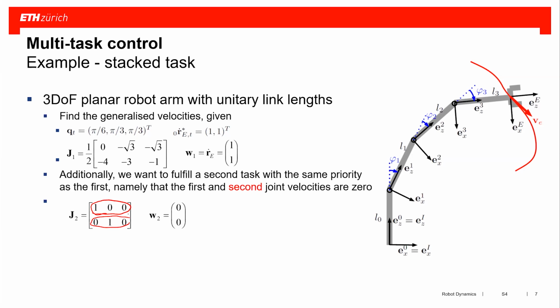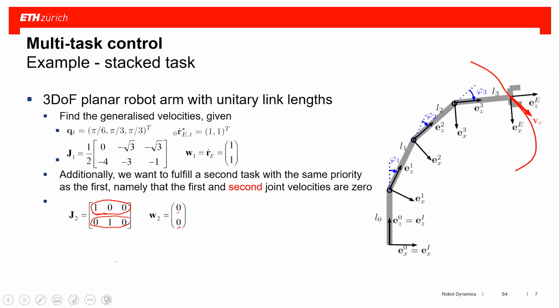And the goal is that both Q1 dot and Q2 dot are 0. So that's how we converted this text into a task level description with Jacobians and W's that we want to achieve. And now in this question, we don't give priority. The second task has the same priority, so we want to achieve the first task and the second task, both with equal priority.